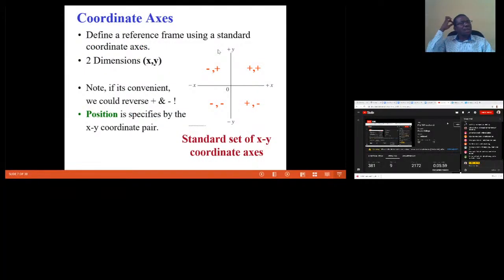So, a coordinate system is something I think you are very familiar with from your high school.